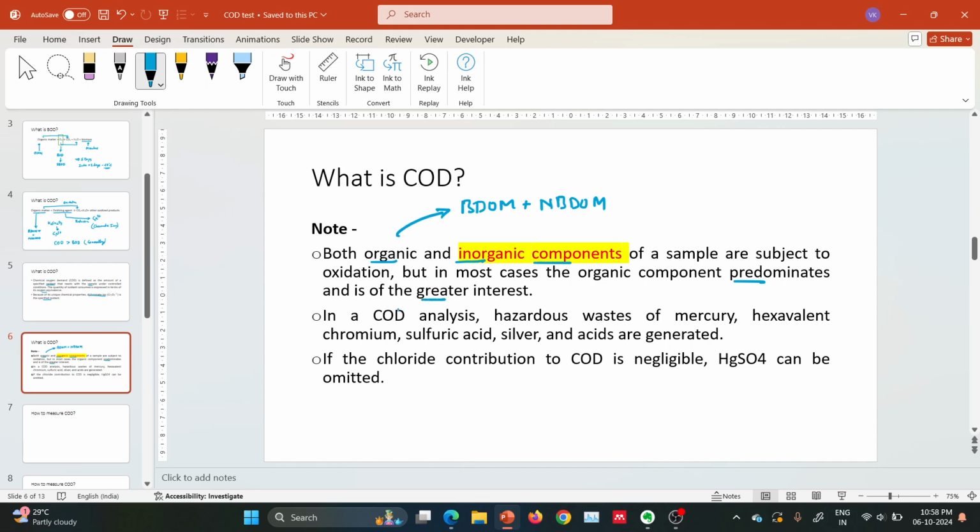We are concerned about the organic components because they can be degraded biologically. In COD analysis, hazardous waste of mercury, hexavalent chromium, sulfuric acid, silver, and acids is generated. So this is the environmental concern. If the chloride contribution to COD is negligible, then HgSO4 can be omitted. That we will understand in the interference part.